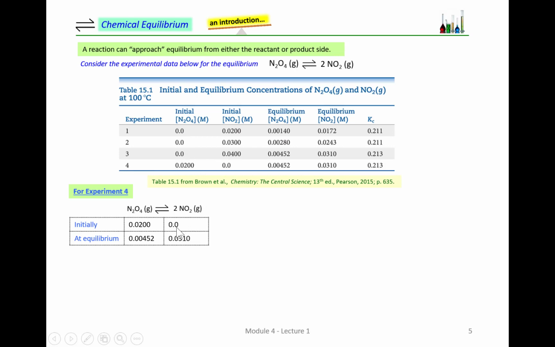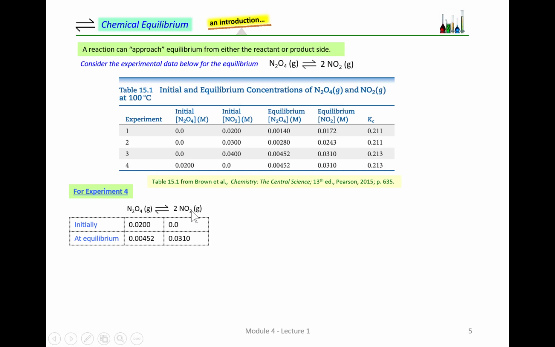And then I extracted some more data from the table and said, when the reaction reaches equilibrium, it's found that there's 0.00452 molar N2O4. You can see it in the table here, and I've put it in my little mini table. And there's 0.0310 molar NO2.